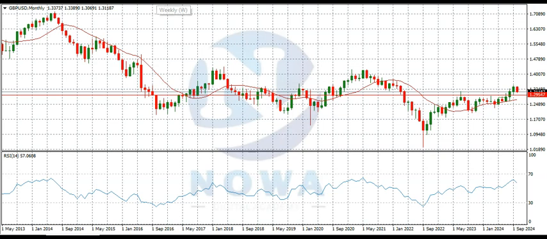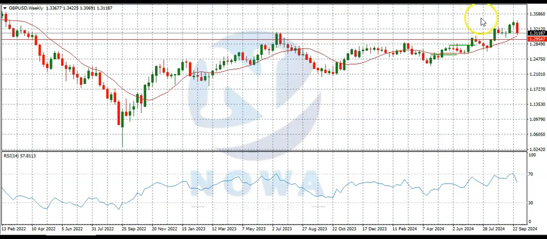Now let's consider the weekly time frame. On the weekly time frame, we can see this is where the higher high and higher low started, and it has been moving that way until 2 weeks ago, where it got here, making this new higher high. And this was occurring after the market bought this much.